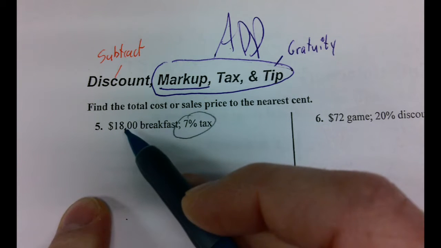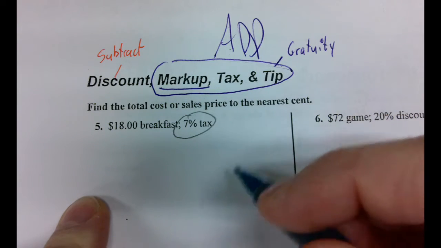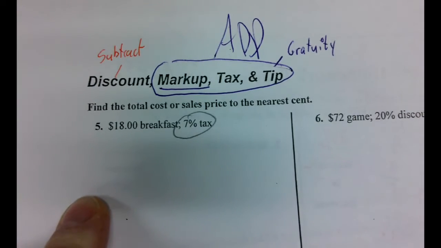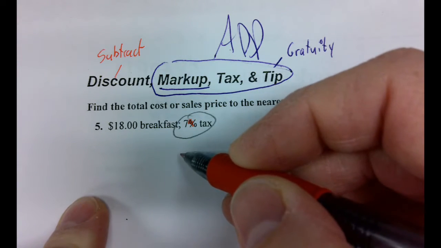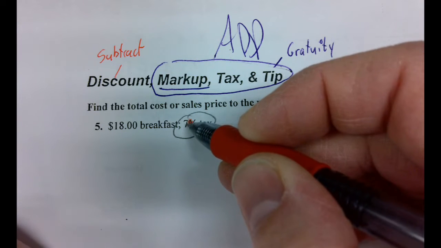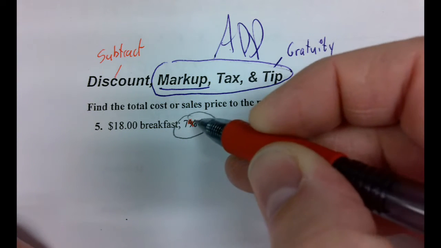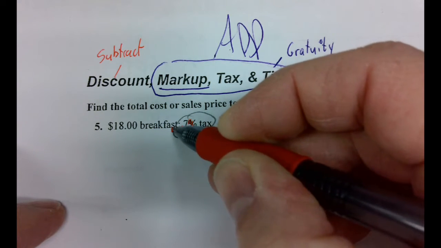But when we lose the percent sign, we move the decimal twice. If there's a decimal in the percent, you move it twice. Everyone say twice. Move it twice. If there isn't a decimal, start at the end. Bump, bump. So we have 0.07, 7% of 18.